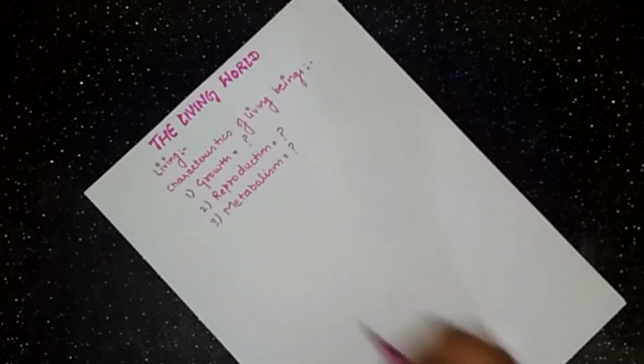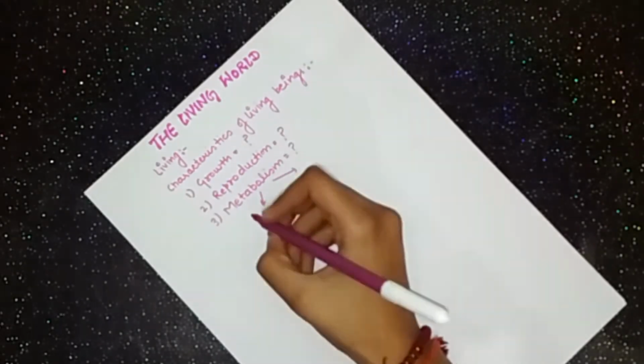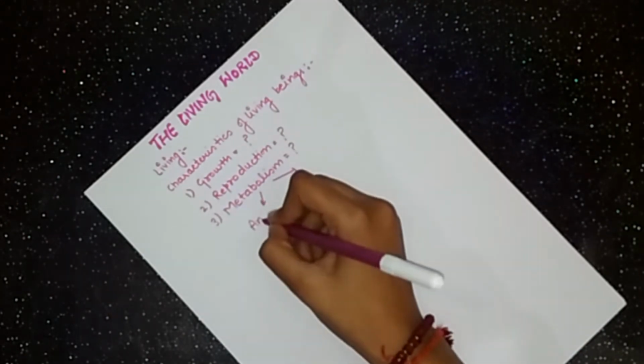Anabolic simply means constructive and catabolic means destructive.